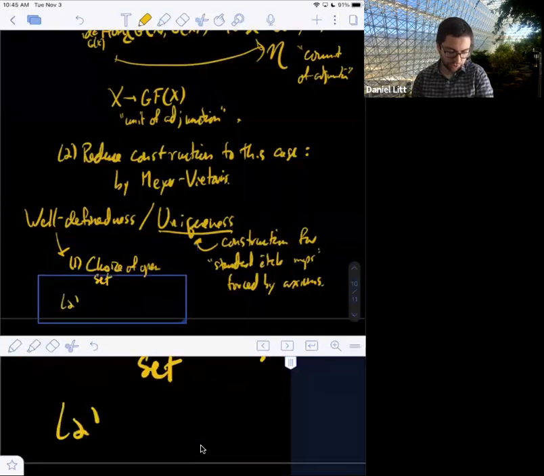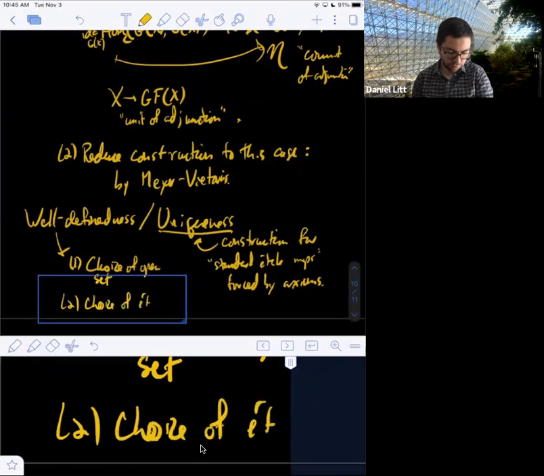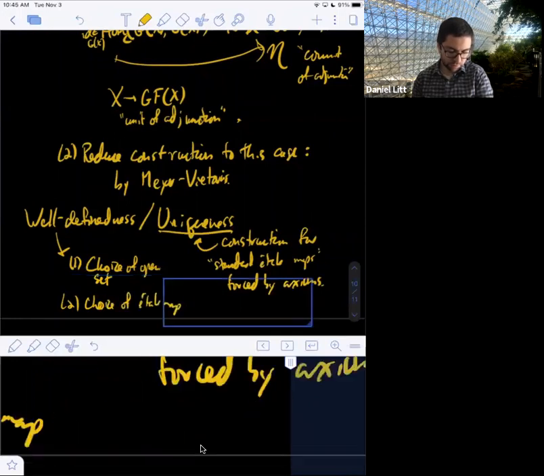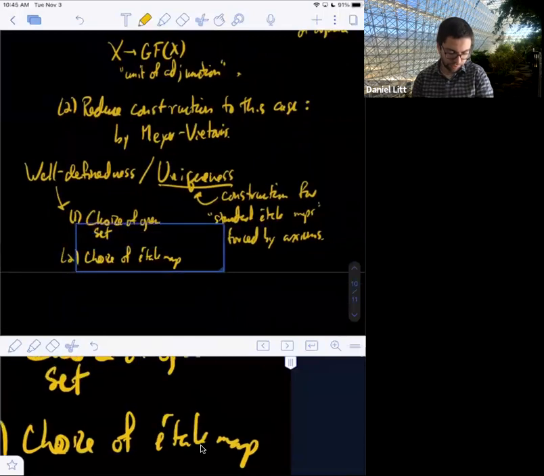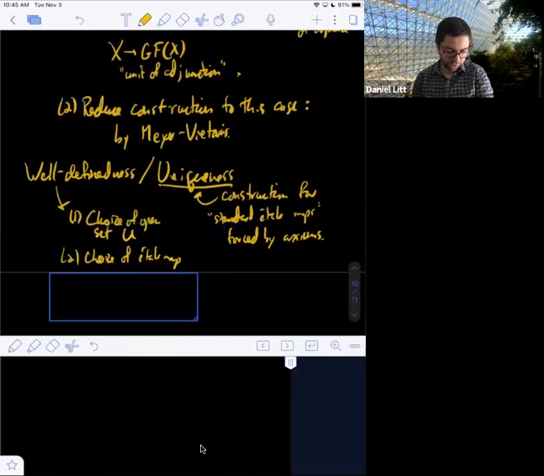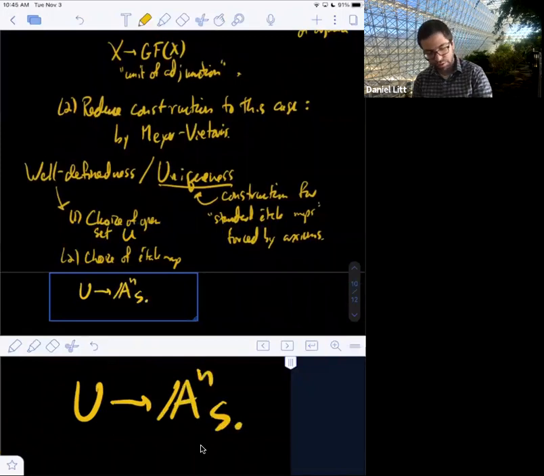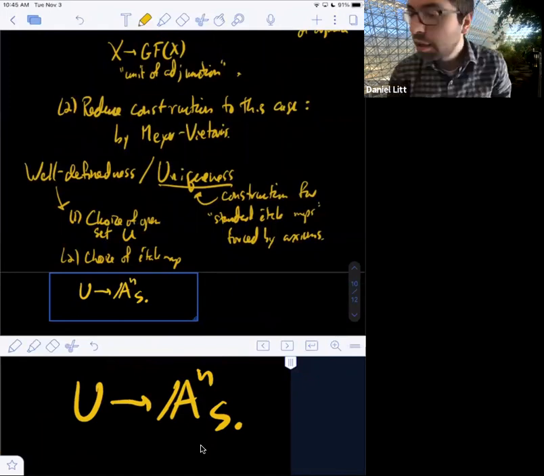And the other one was the choice of Étale map. So here, well, let's take our open set U. And the other one was a choice of Étale map from U to affine space over the base. So a priori, if you take an open which admits a factorization into a standard Étale morphism, it could admit many, right?